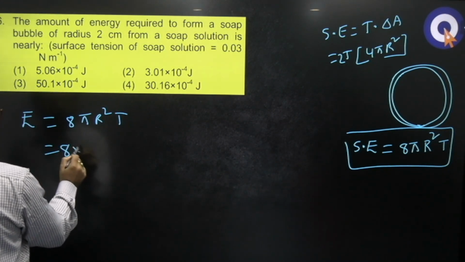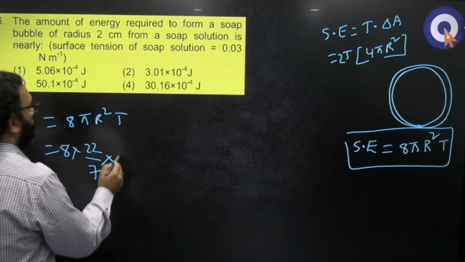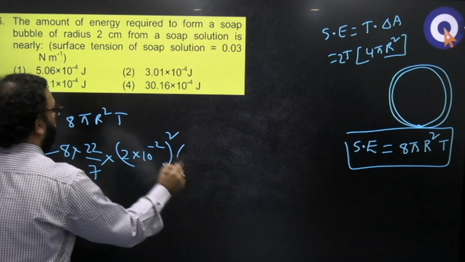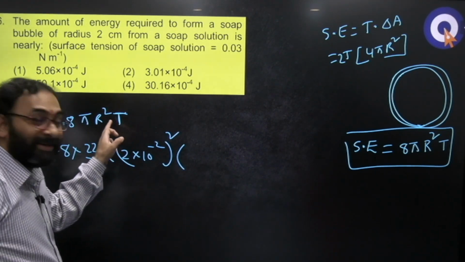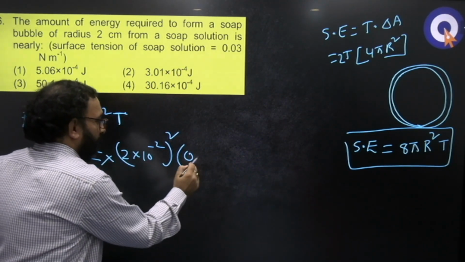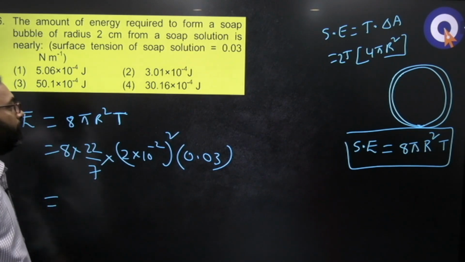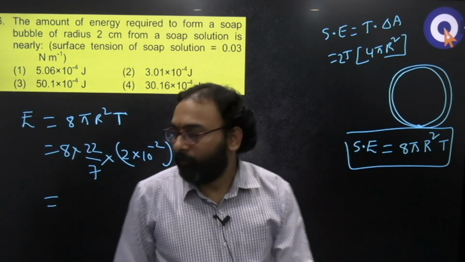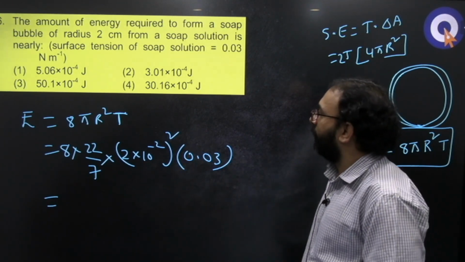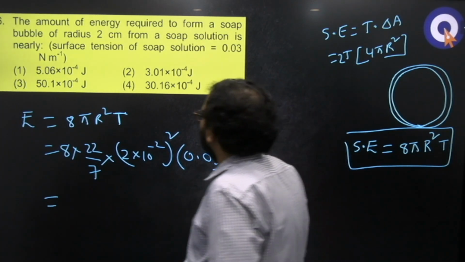The radius is given as 2 centimeters, into T, not for temperature, T for surface tension, which is 0.03 SI units. So you can simplify this and get the exact value of the amount of energy required to form a soap bubble.